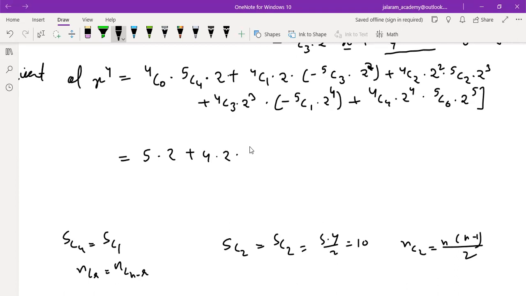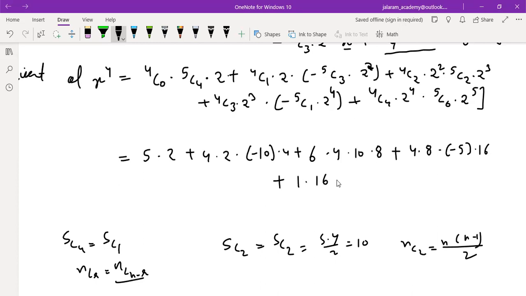So we write minus 10 into 4. Next 4c2 using the same formula 4 into 3 by 2, so it is 6 into 2 square is 4 into 5c2 is again 10, 2 cube is 8. The next is 4c3 equals 4c1 using this property. 4c1 is 4, 2 cube is 8, 5c1 is 5, so it is minus 5, 2 to the power 4 is 16. Next 4c4 is 1, 2 to the power 4 is 16, 5c0 is 1, 2 to the power 5 is 32.